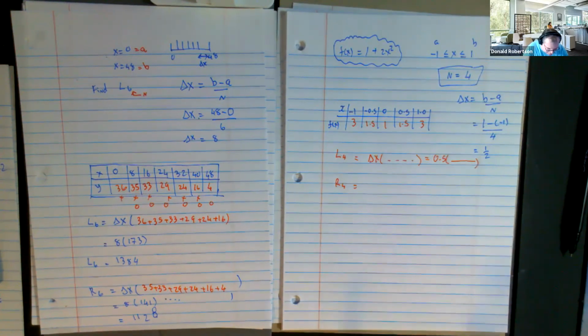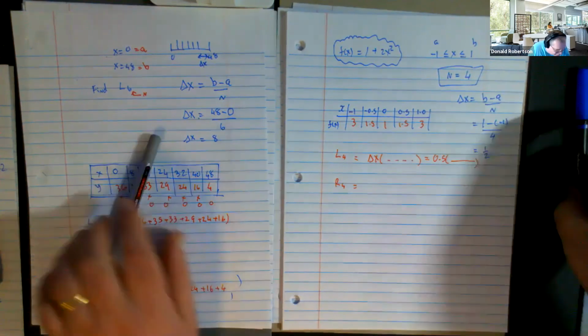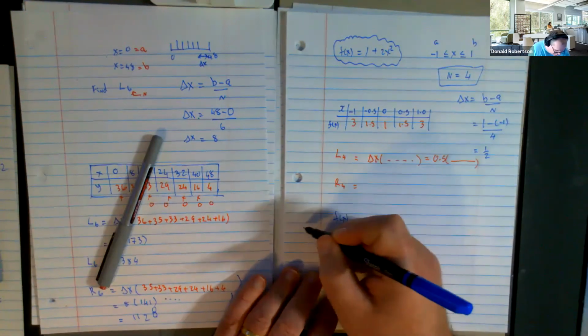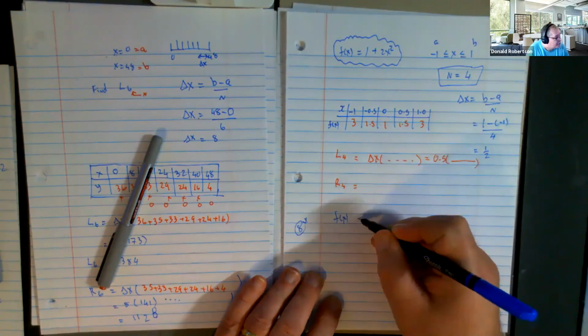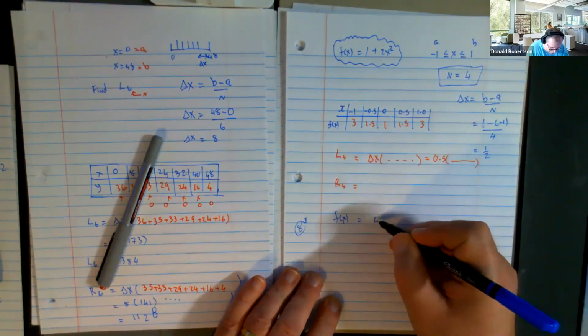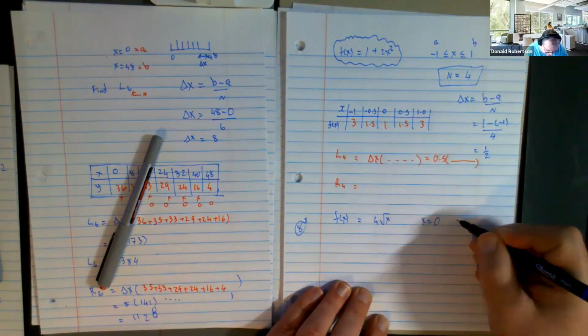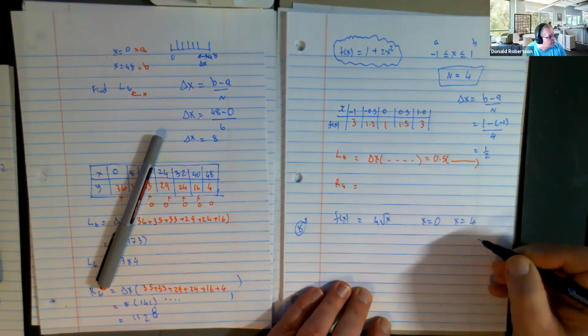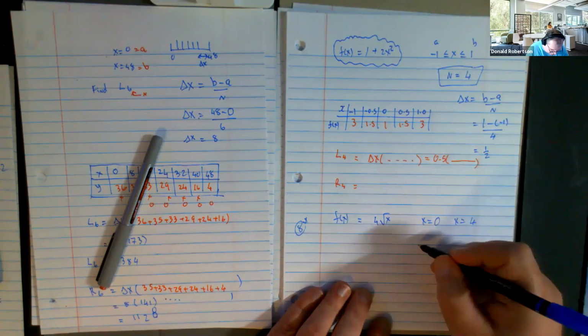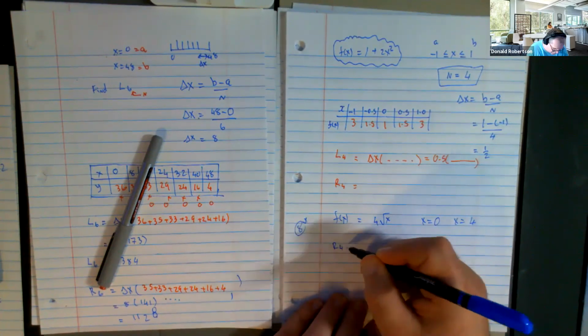Now, suppose they gave you a function, which is basically what's happening in question 8. And the function is 4 square root of x. And you're going to do it from x equals 0 to x equals 4. And you're being asked to find R4.